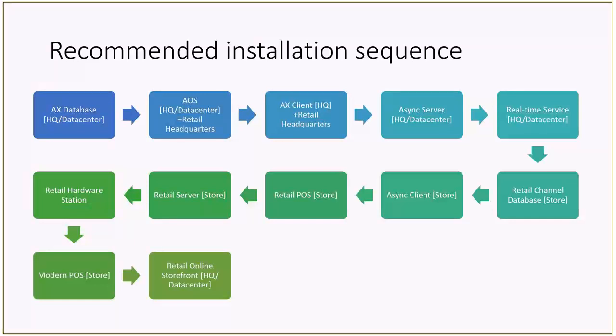After that, you install your CDX, the Commerce Data Exchange pieces on the headquarter side, your async server, and your real-time service. Then you move to the channel, and for the channel, I would suggest that you start with the channel database. After the channel database, you move on to the async client, so that the async client can start retrieving data from the headquarter side.